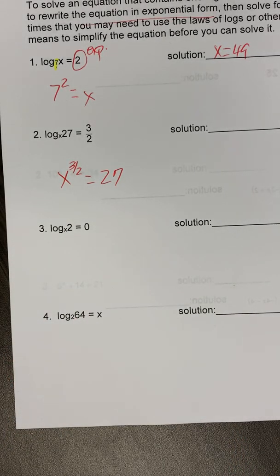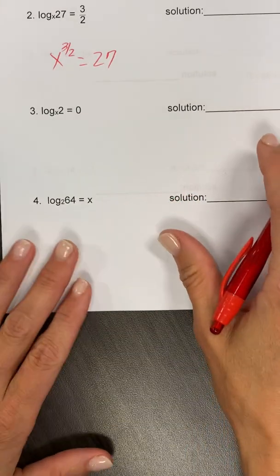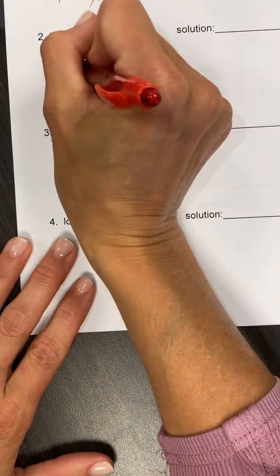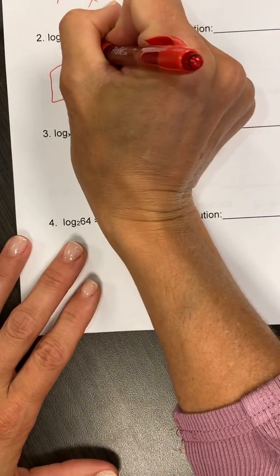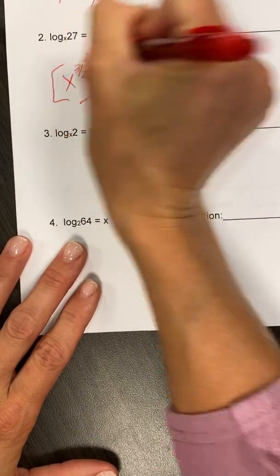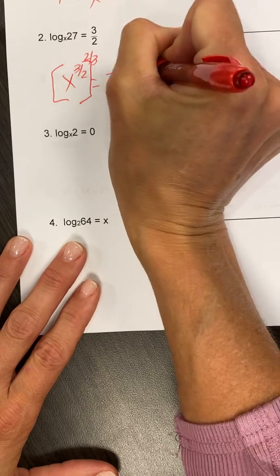In the last lesson, we did it like this, right? Remember I talked about this? You can raise it to the 2, and it would cancel those out. Well, it's 2 because it's 2/1, or the reciprocal of that fraction. So we're going to raise this to the reciprocal, which is, remember I'm solving for x, and now it's actually an equation. I'm going to say raise this to 2/3, raise this to 2/3.